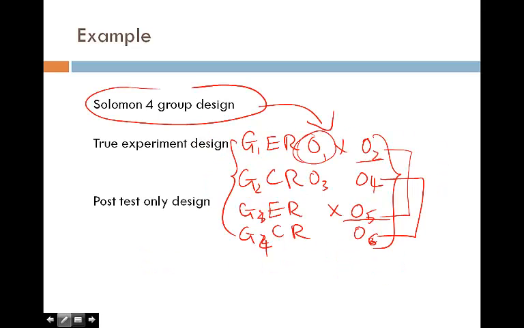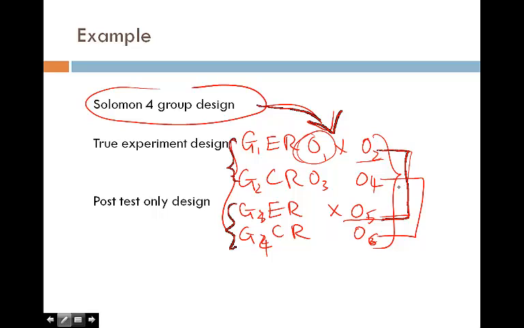And here we have the true experimental design, and the post-test only design here. When we combine the two designs together, we call that the Solomon four-group design. This design is more effective because you can compare this experimental group with that experimental group to see whether the pre-test has any impact.